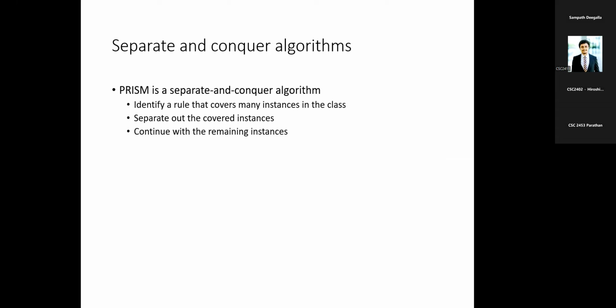And then once you find the rule, you separate out the covered instances. In our example, the first rule covers 3 instances. You have to remove those 3 instances, and then you are left with 21. So then you work with the 21 instances as the next step, right? So that's how this works.